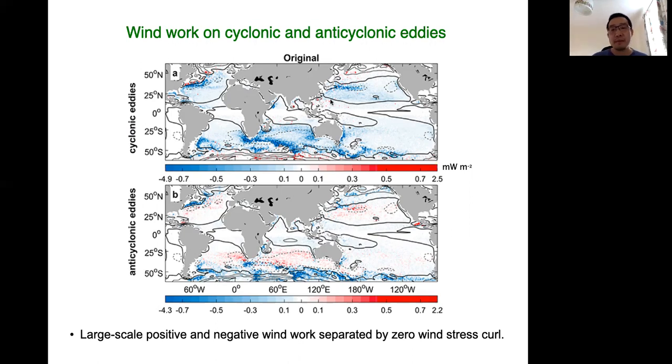For example, in the subtropical ocean, the wind does negative work on cyclonic eddies, but positive work on anticyclonic eddies. In some ways, it's as one would expect.